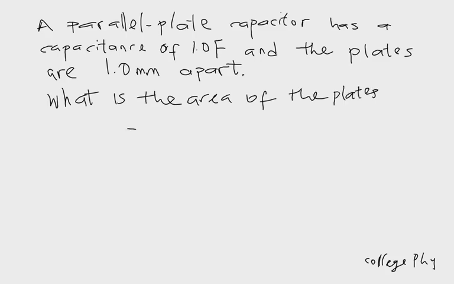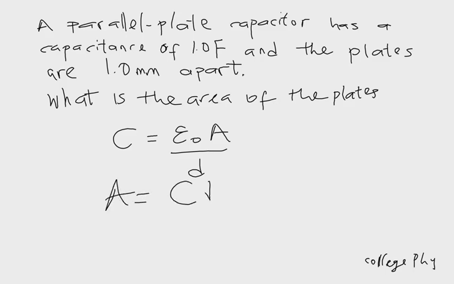Now you know that C is equal to epsilon naught A over D. They want us to find the area of the plate, and they have given us C. Take note, C must be in farad, A must be in meter squared, D must be in meter. So now let's solve. We use A as subject of the formula, so we have C times D over epsilon naught.